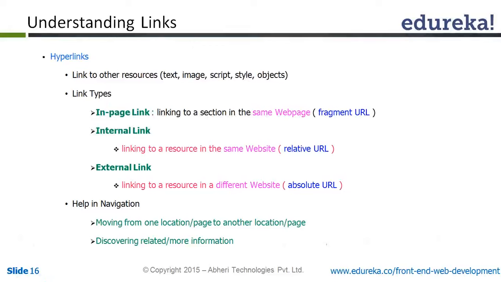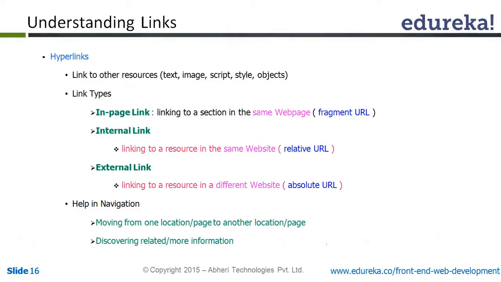If you wonder why you need links, they are helpful in navigating from one place to another, which is a fundamental feature of hypertext. It could be another page or another website. The main purpose of moving from one page to another is to discover more related information about something.